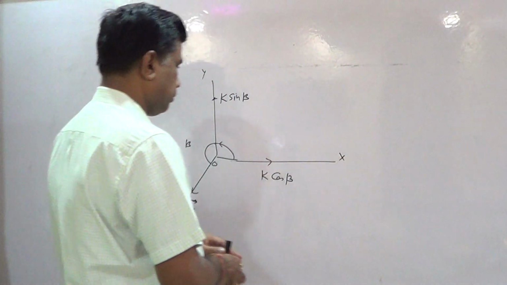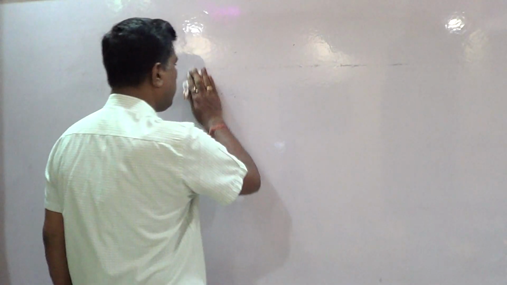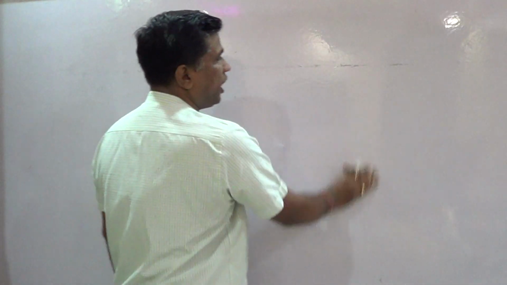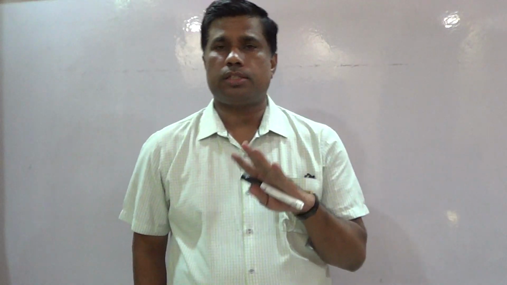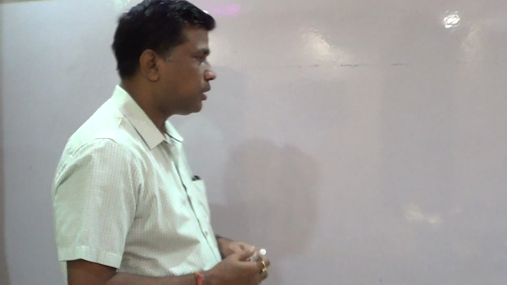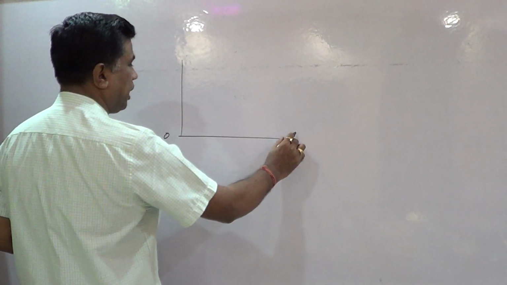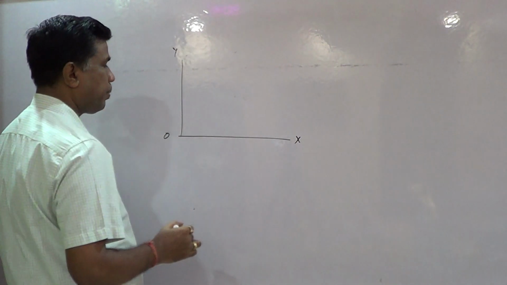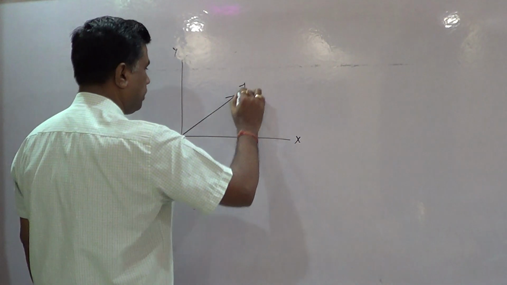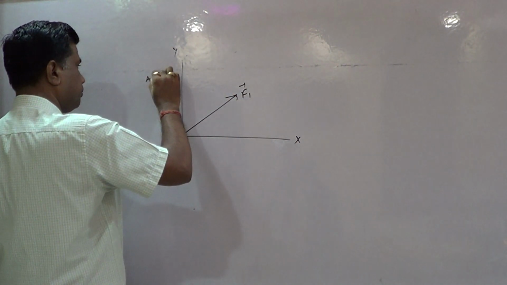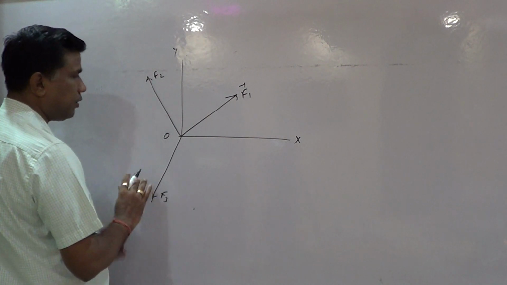But today in this video we are going to study how we can add more than two vectors by this resolution method. Student, suppose there is origin, x-axis, y-axis. Suppose we have three forces F1, F2 and F3 which are acting in different directions.